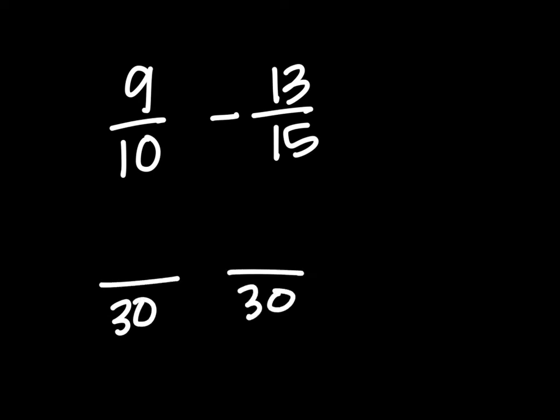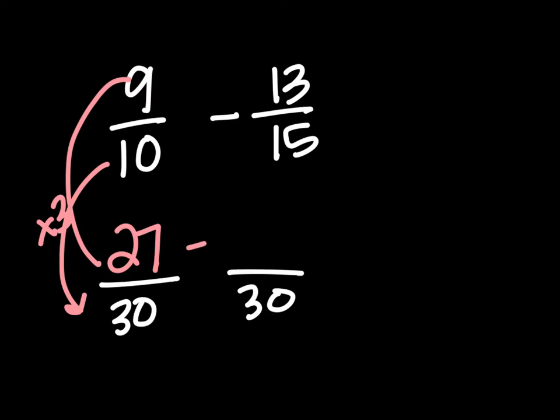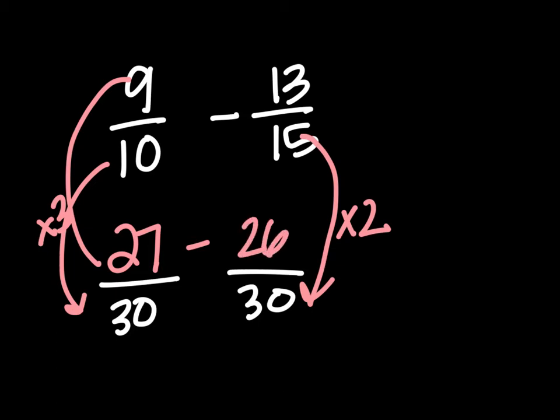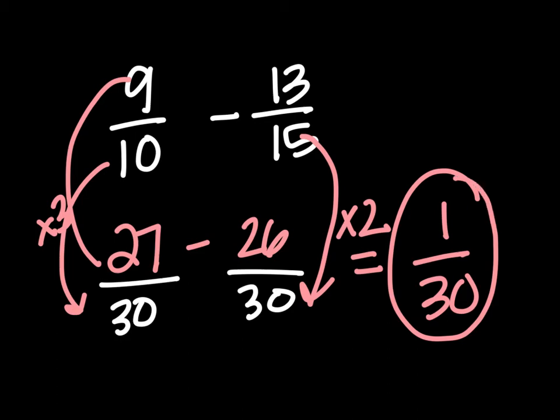Okay? So I know that I multiplied by 3 to get 30. So 9 times 3 is going to give me 27. I multiplied 15 by 2. So 13 times 2 is going to be 26. So now I've got 27 minus 26, which gives me 1/30. So how much paint do I have left over?